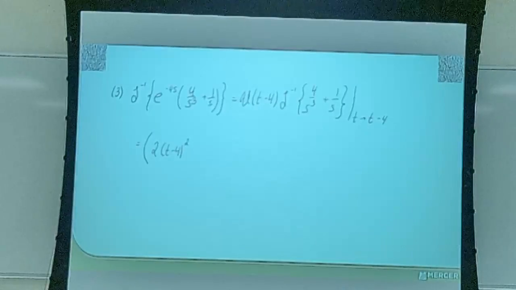Inverse, just 1, right? We're going to have what? 2t squared minus 16t plus 33. 16 times 2, 32 plus 1.